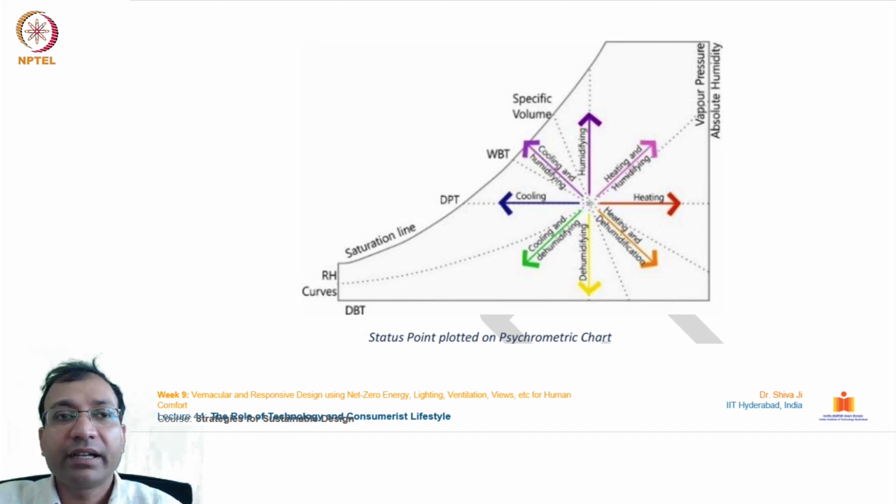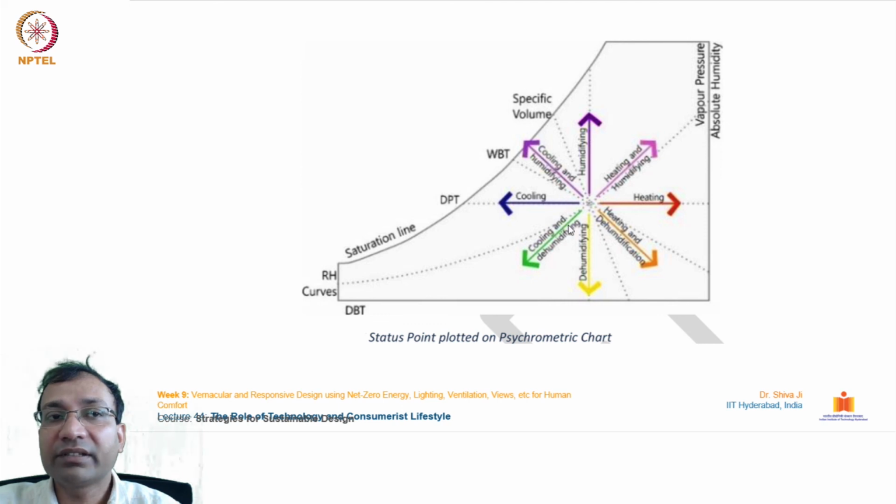In this slide you can see a status point plotted on the psychrometric chart. It shows what kind of conditions are required if we are moving from this standard balanced place in these many directions. If you are moving up, that means humidifying is an important factor. In this direction heating and humidifying, in this direction heating is needed.